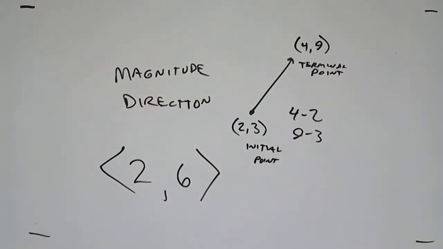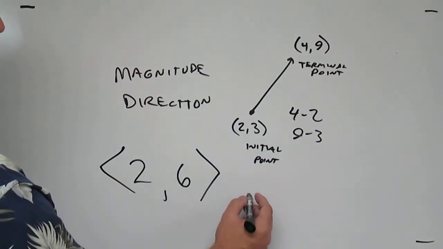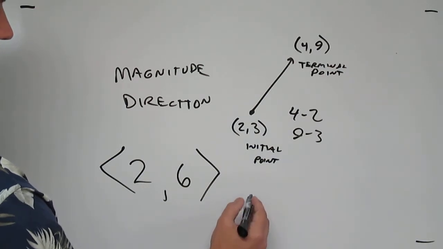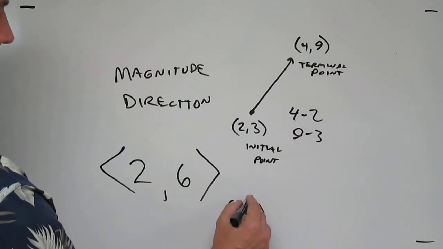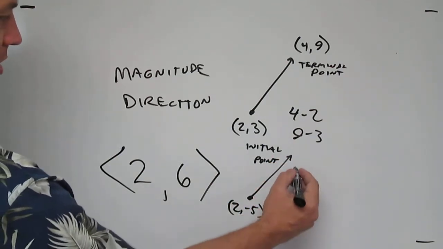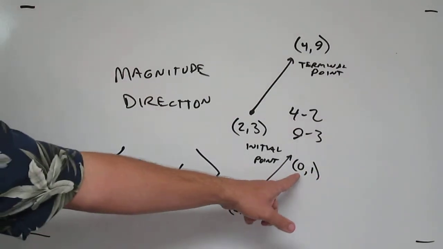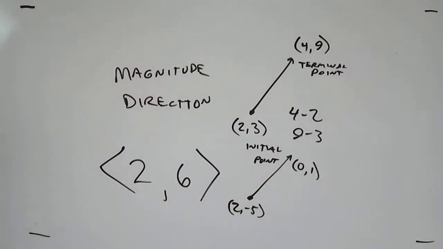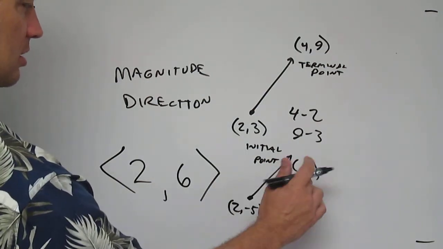Now, this vector, if there was another vector that maybe started at, let's say it started at 2, negative 5. And it went to 4, 1.